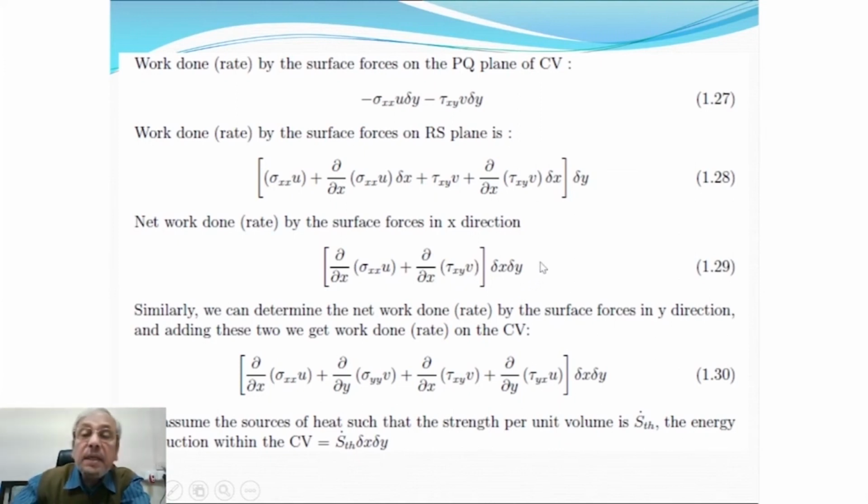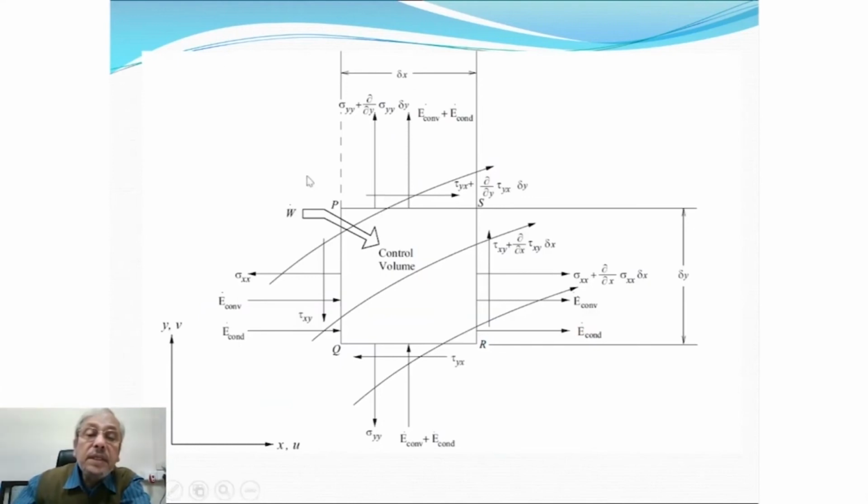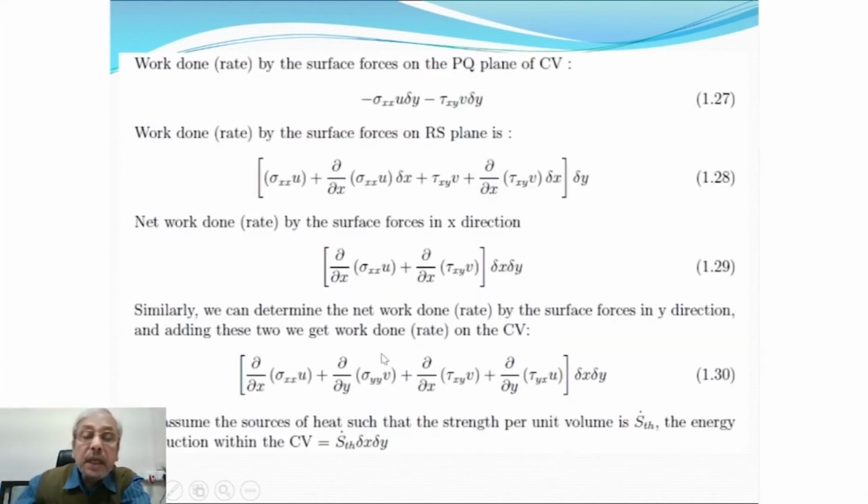Again, we can see these two pairs of surfaces, PQ and RS. Similarly, we consider the forces on the other two surfaces, that means PS and QR, and then we will get two additional terms, del y into sigma yy into v plus del y into tau yx into u.